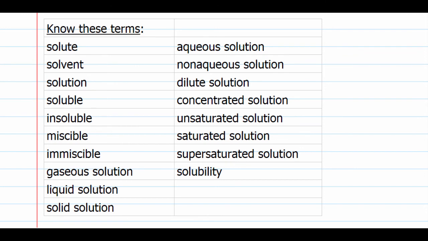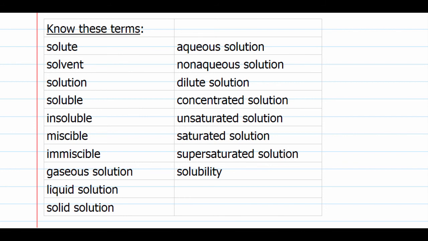They are solute, solvent, solution, soluble, insoluble, miscible, immiscible, gaseous solution, liquid solution, solid solution, aqueous solution, non-aqueous solution, dilute solution, concentrated solution, unsaturated solution, saturated solution, supersaturated solution, and solubility. So, these are the terms that we'll be looking at today.